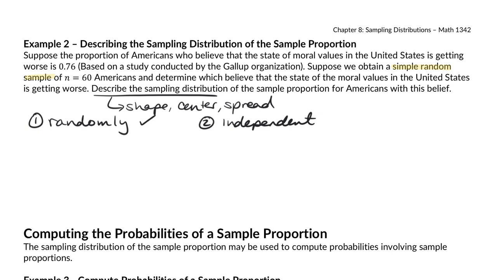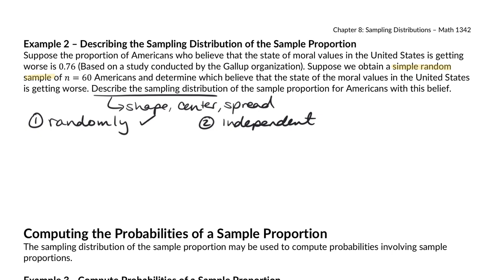What population are we studying here? Americans. Do y'all know how many Americans there are? A lot. The estimate right now is about 300 million. Is 60 less than 5% of 300 million? I would say so. So in your calculator, do 300 and then 6 zeros following it and multiply that by 0.05.